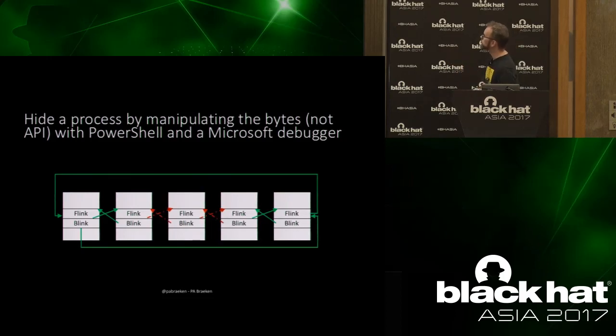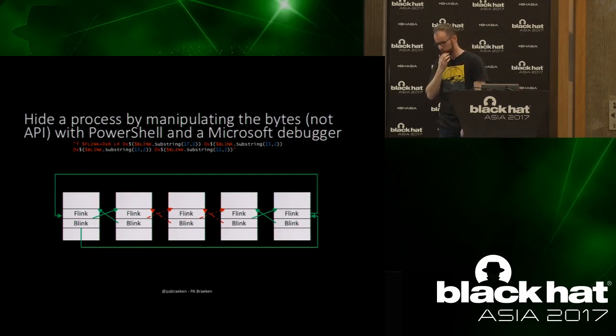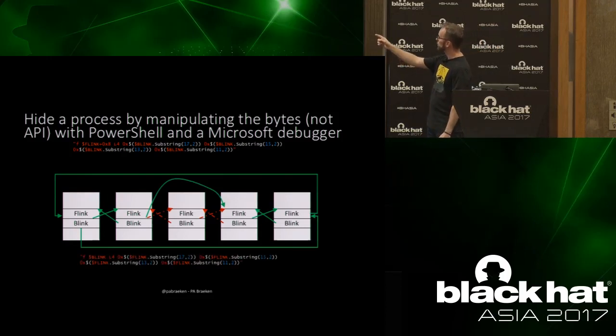So we break all the links of this process, which is the process you want to hide. Maybe we cannot see very well, but you will tell the debugger, okay, now I want you to do that. And then the same thing, I want you to do that. So the processes are well linked.